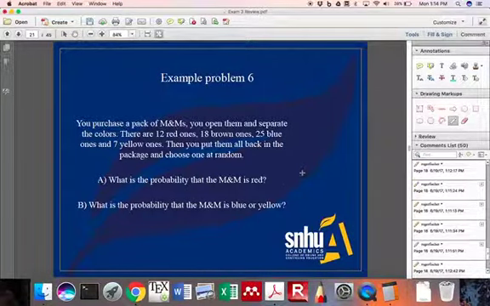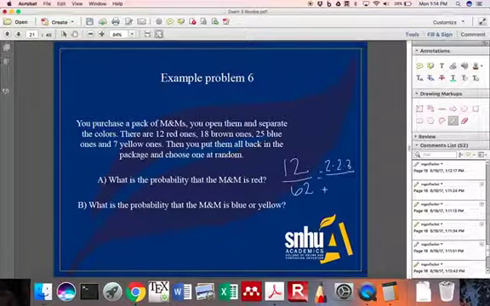The probability that an M&M is red should be 12 divided by, let's see, we've got to add these up: 30, 55, 62. And 12 is 2 times 2 times 3, and 62 is 2 times 31.